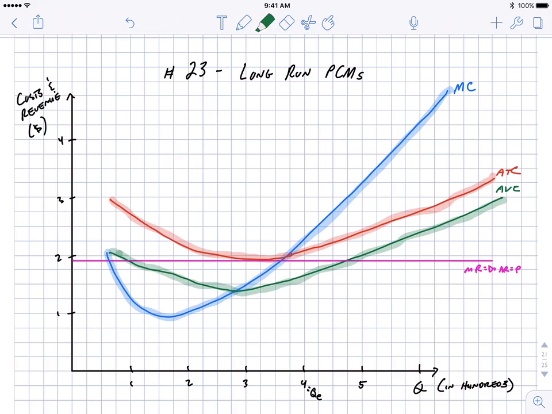The distance between those two curves, remember, is the average fixed cost at any one of the quantity levels. And just like the average total cost curve, it should intersect the marginal cost curve at the lowest point on the average variable cost curve. So there's the basic shape of those three curves.